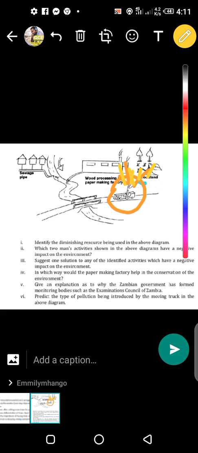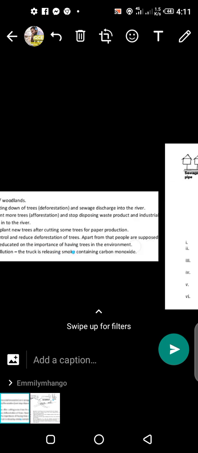Predict the type of pollution produced by the moving car in the diagram. It is air pollution because it's releasing gases from those openings as it moves around the environment. Okay. So this car is actually causing air pollution. Let's look at the answer they gave. So what is the answer?